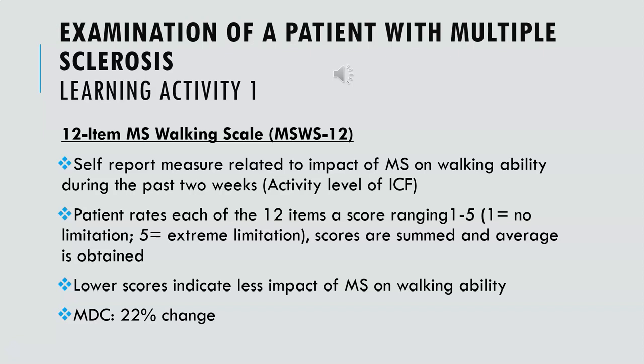Once the patient is done with this test, the scores are summed and an average percent is obtained. A lower score would indicate less impact of their MS over the past 2 weeks on their walking ability, and then a higher score would suggest that they've been more impaired by their MS as it relates to walking.